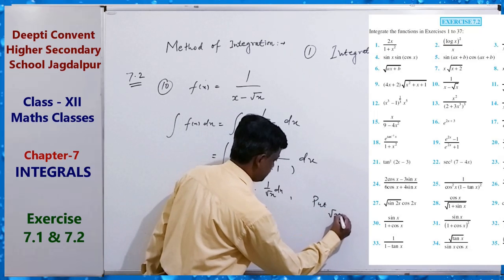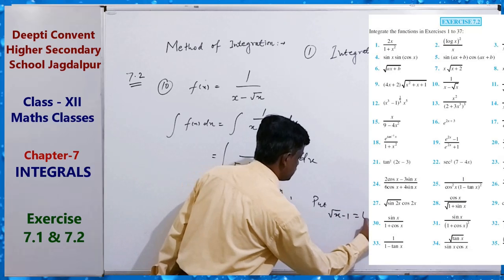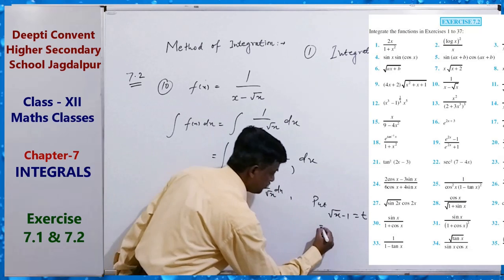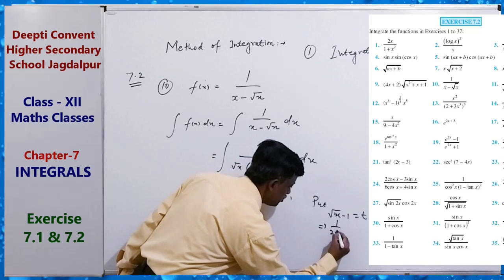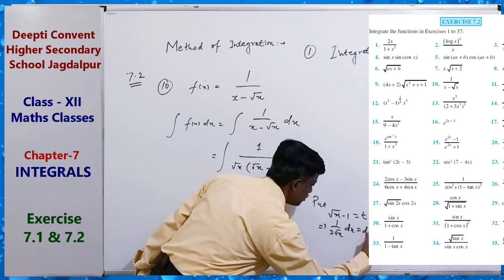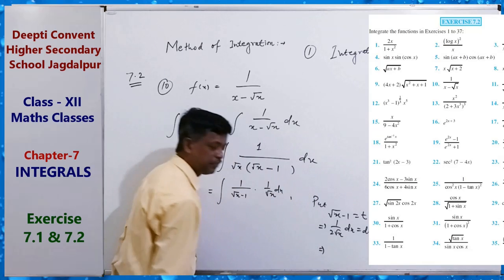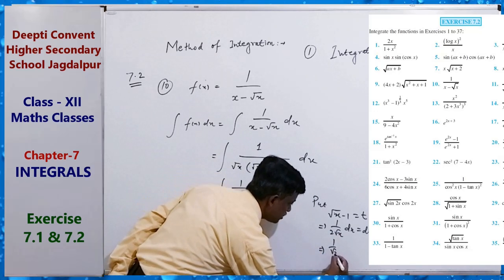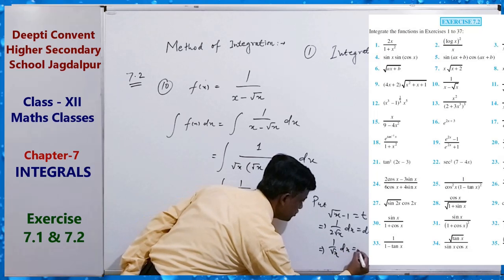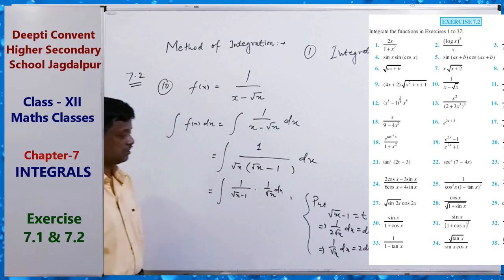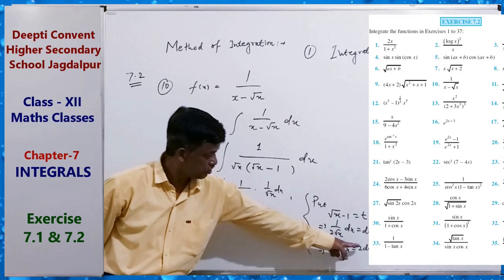Root x minus 1 equals t, the complete quantity. So the derivative of this, 1 upon 2 root x, the derivative of 1 is 0, dx equals dt. So 1 upon root x dx equals 2 dt.